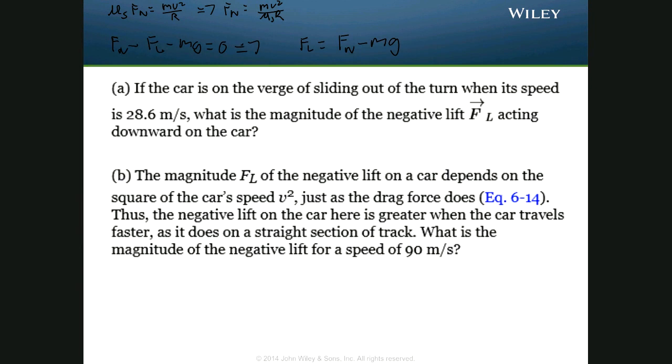And that implies that Fl equals m v squared over mu s r minus mg, okay?